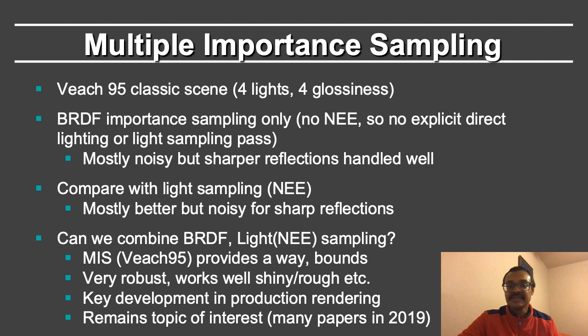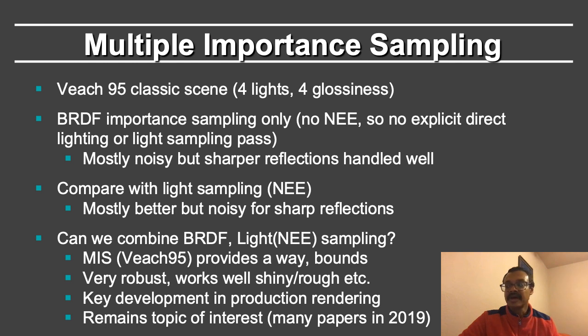We'll see that this is mostly noisy, but when you have sharp reflections, especially from wide light sources, this is handled well. You also compare with light sampling, which is next event estimation, which is mostly better, but it is noisy for sharp reflections. The question they asked is, can we combine the BRDF and light next event estimation sampling?